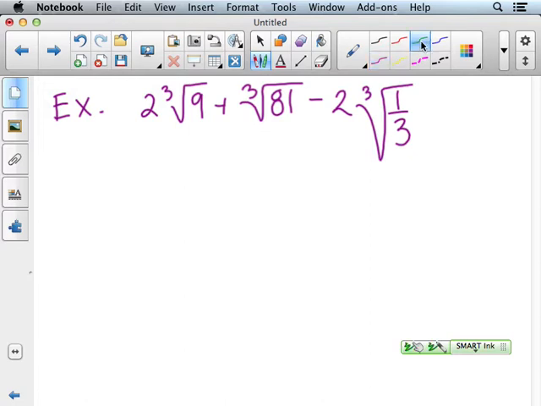So I'm going to multiply the numerator by cube root of 3 times 3, and the denominator by cube root of 3 times 3.